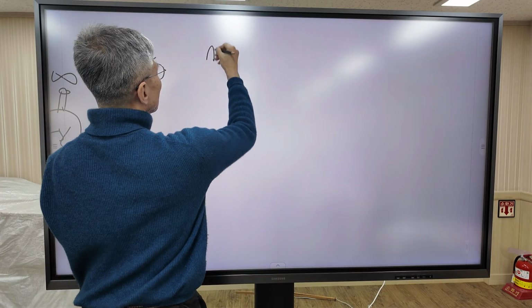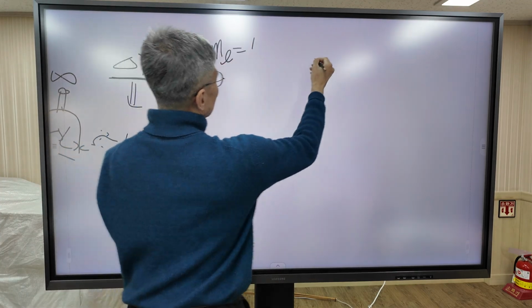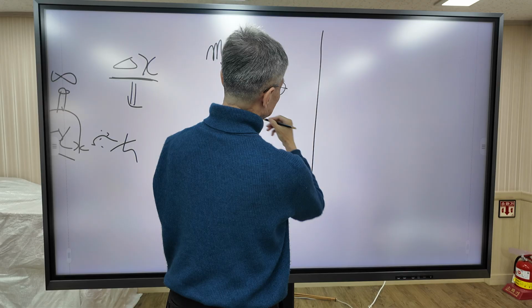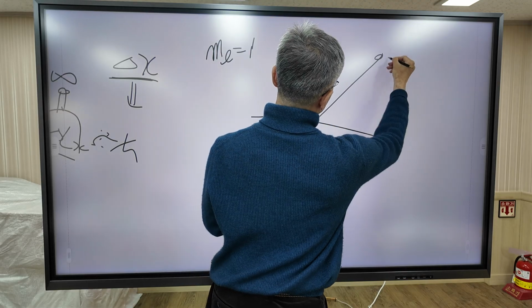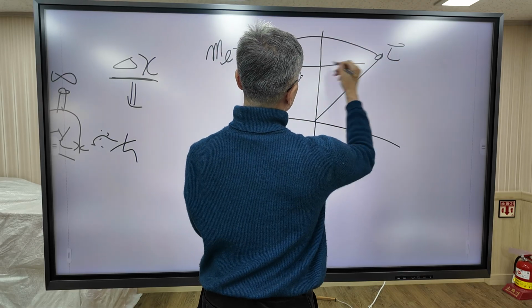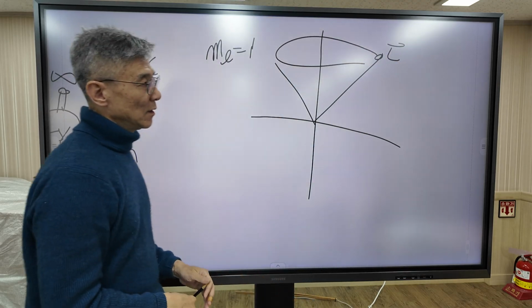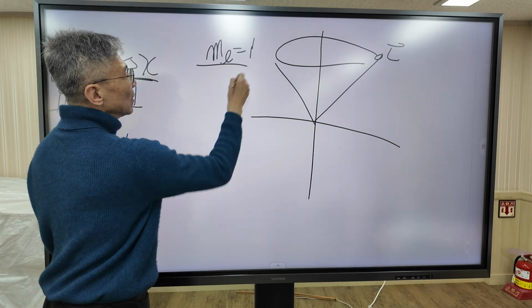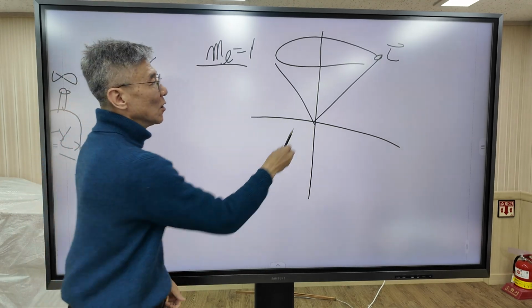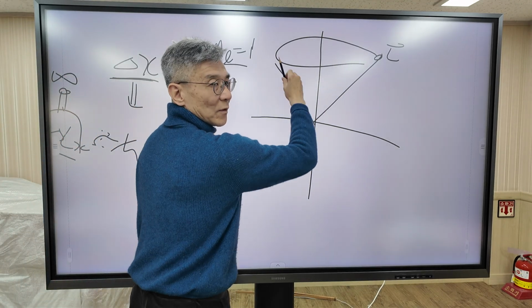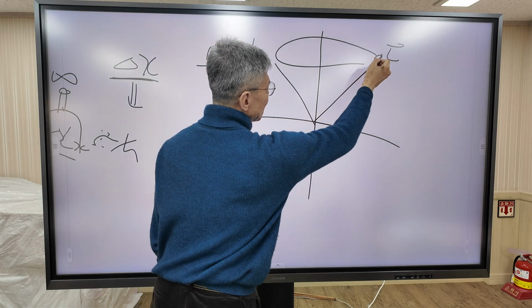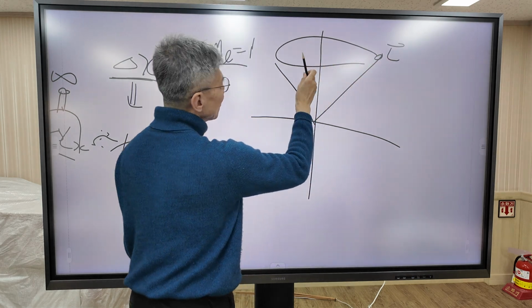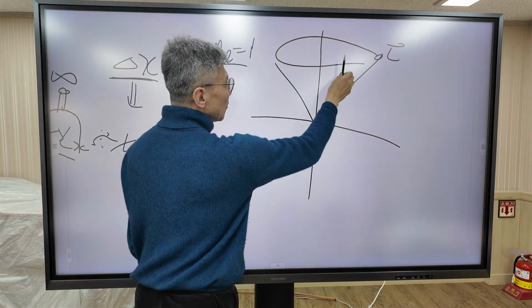For ML equals 1, the angular momentum vector lies on the cone; specifically not this one, it may be anywhere on the cone.